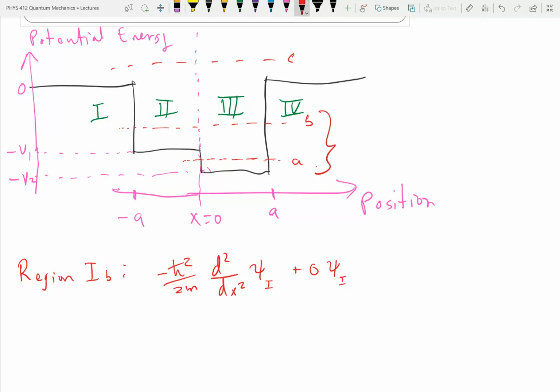Obviously, if it's 0, you don't need to write it down. Equals E psi 1. So we have that equation. We know the solution has the form. You tell me, what's the form of the solution? E to the dx? Yes.